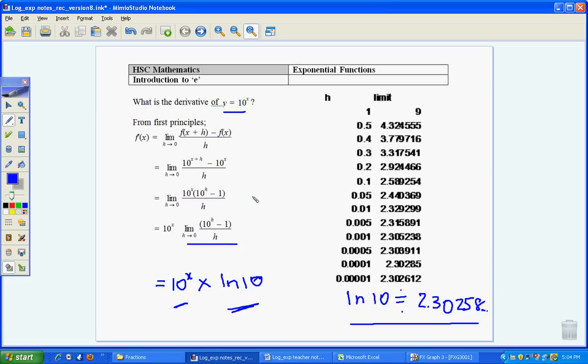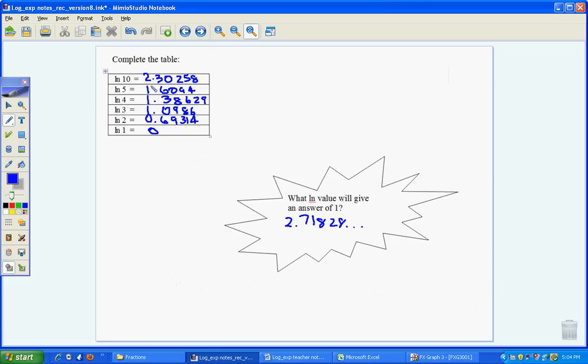So what are these natural log values? Let's have a look. If you look over your page, we have natural log of 10, which we just saw, natural log of 5, natural log of 4, natural log of 3, natural log of 2, and log of 1, no matter what the base, is 0. The key is the point where we go from a decimal to something more than 1.